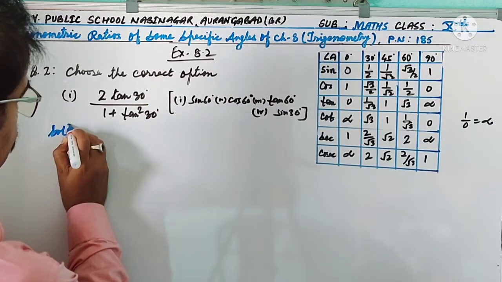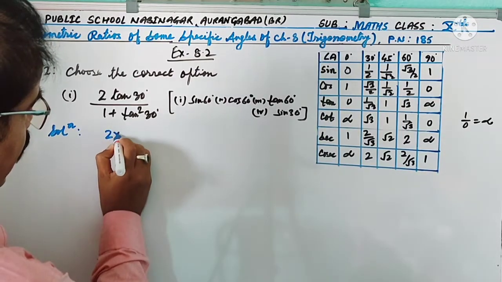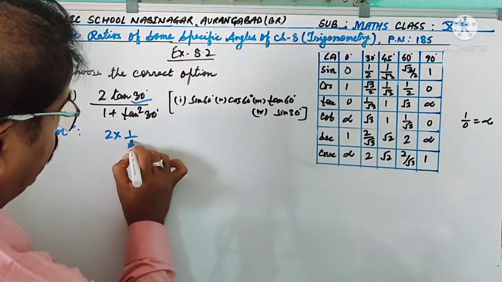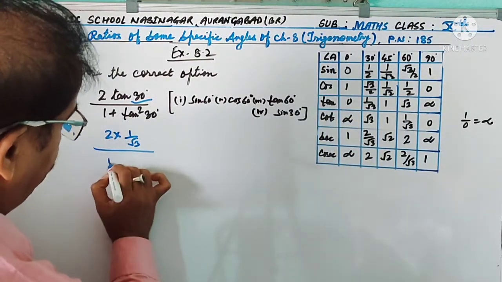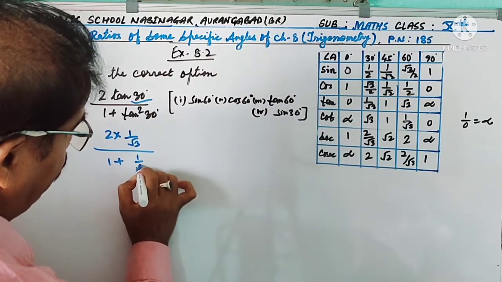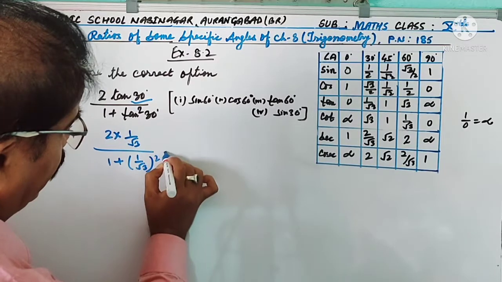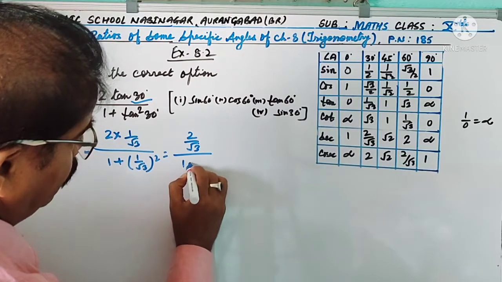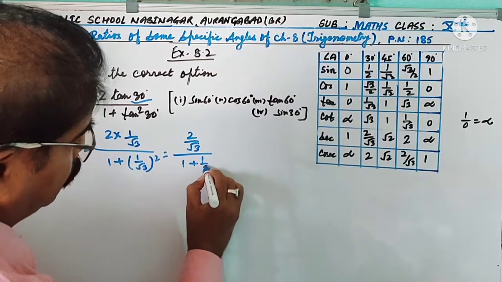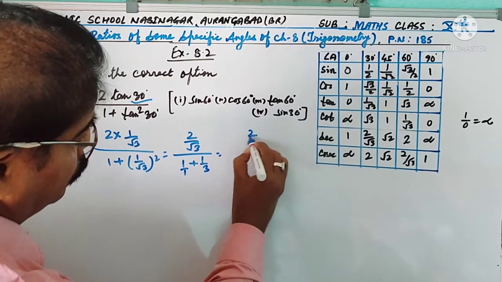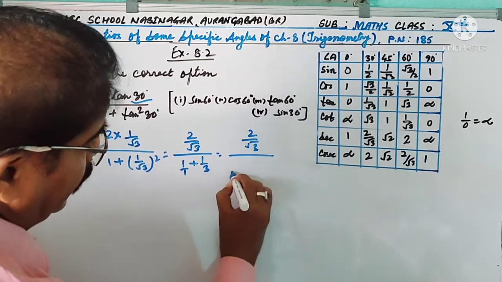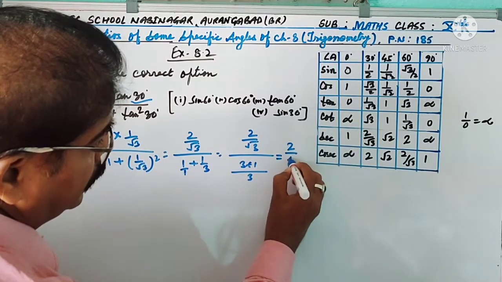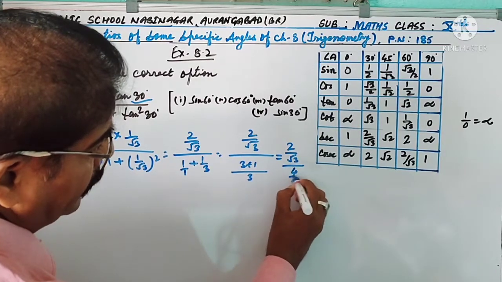Dear friend, tan 30: 2 tan 30 over 1 plus tan squared 30. Tan 30 is 1 by root 3, so this is (2 by root 3) by (1 plus 1 by root 3 squared), which is (2 by root 3) by (1 plus 1 by 3). Taking the LCM, 3 plus 1, that is 4 by 3.